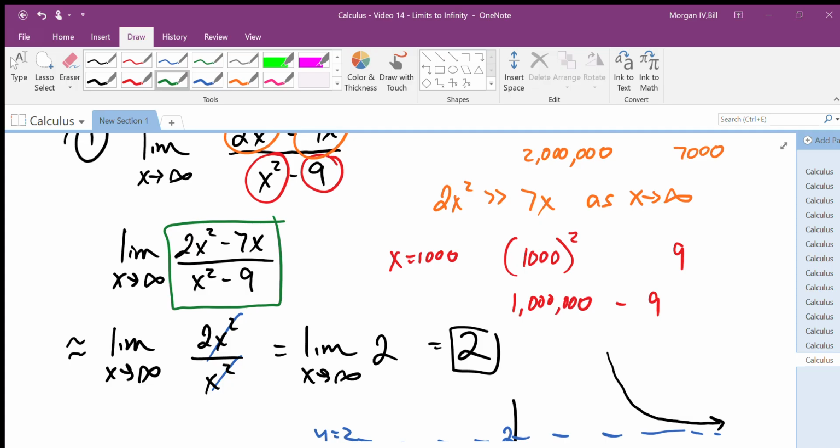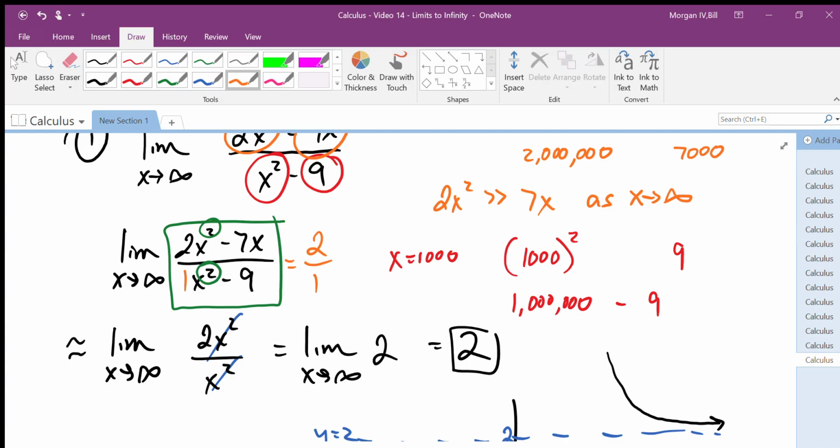And if you remember back from algebra, we said that if the degree of the numerator, which in this case is 2, the degree is the greatest exponent, is equal to the degree of the denominator, again 2, then the horizontal asymptote will occur at the leading coefficient over leading coefficient, which in this case is a leading coefficient of 2, divided by a leading coefficient of 1, which is 2. So we have a horizontal asymptote, we have a limit as x goes to infinity at 2.